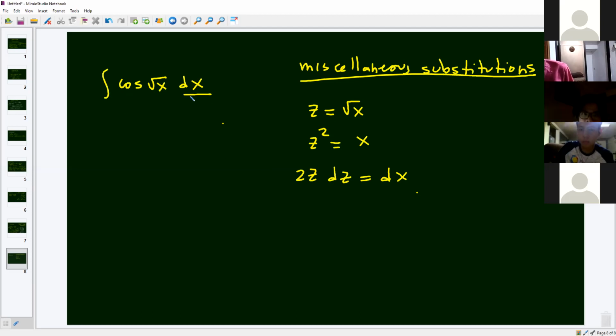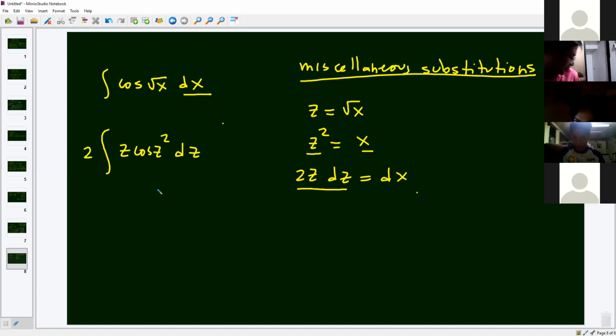That dx will be replaced with 2z dz, with the 2 outside. Now, if I let x as z squared, this is cosine of z squared. Follow this, guys? Not z squared. Cosine z. Yeah, that's it.